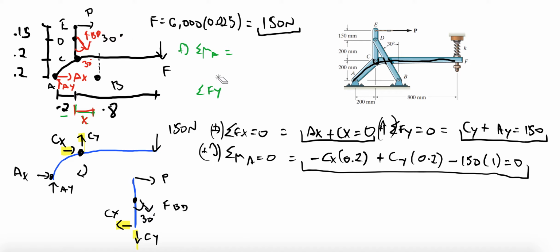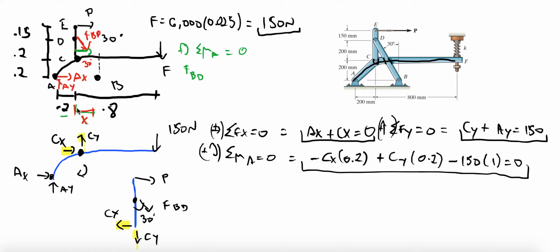Let me erase these guys here because I think I'll need some of that space. Equals 0. We get that FBD, let's start with the x component, right? The x component is going this way.